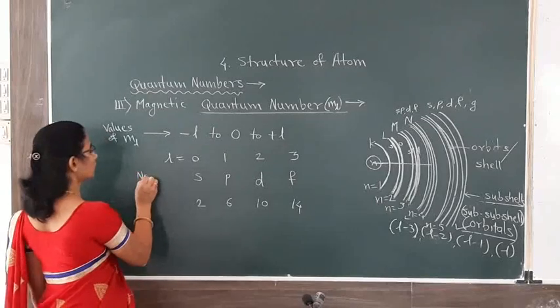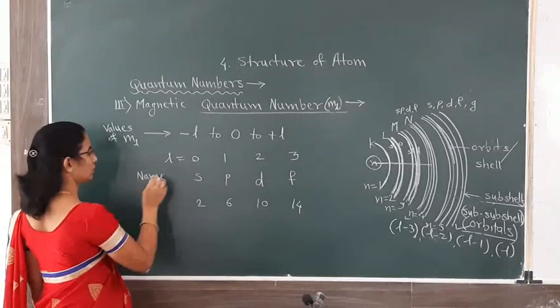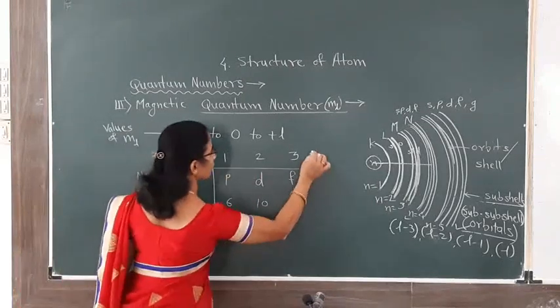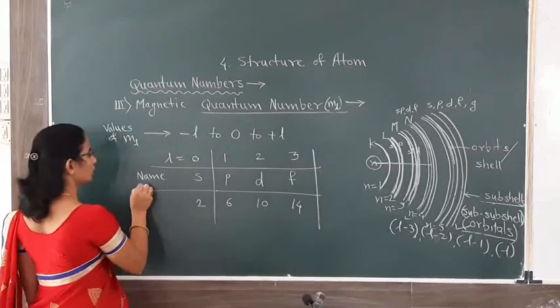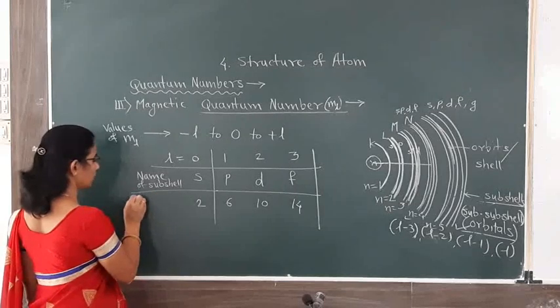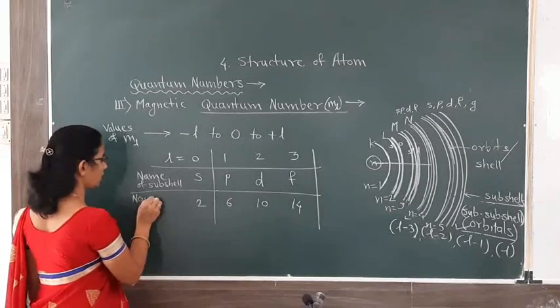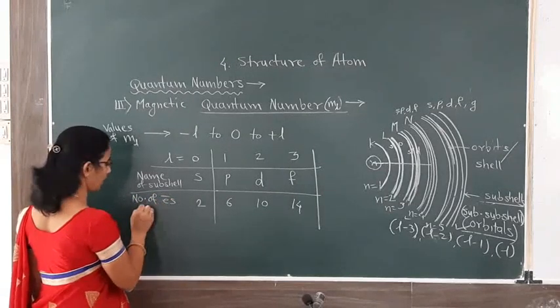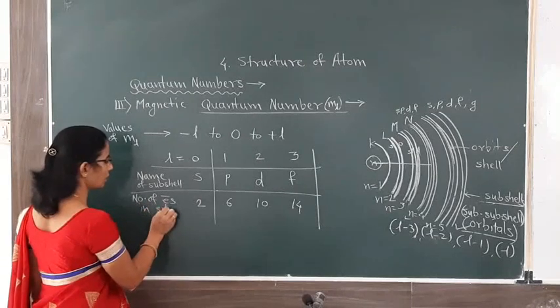This table is very important. This is the name of the subshell, and these numbers are indicating the number of electrons present in that subshell.